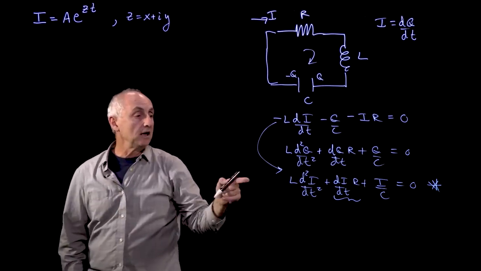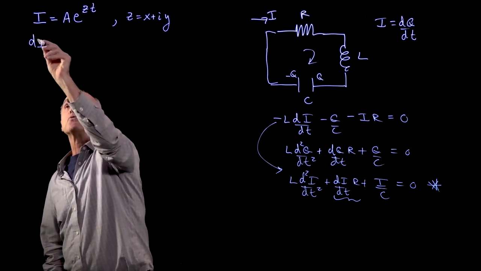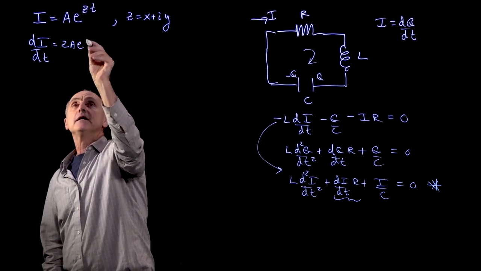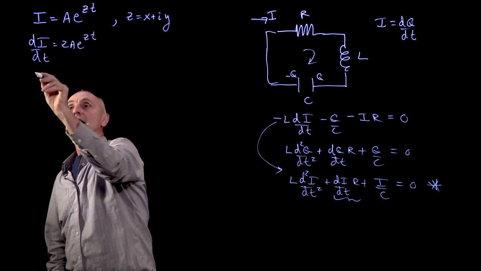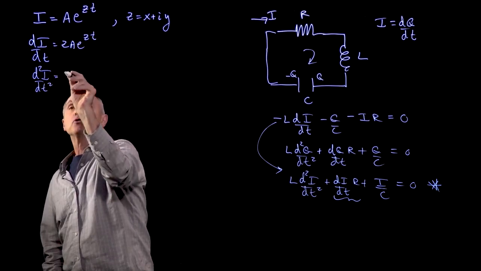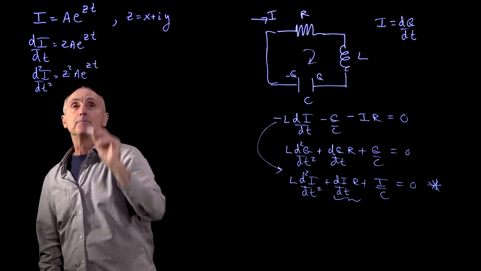Now, if we take the first derivative of this function, that's very simply Z A e to the Zt. And the second derivative is Z squared A e to the Zt.